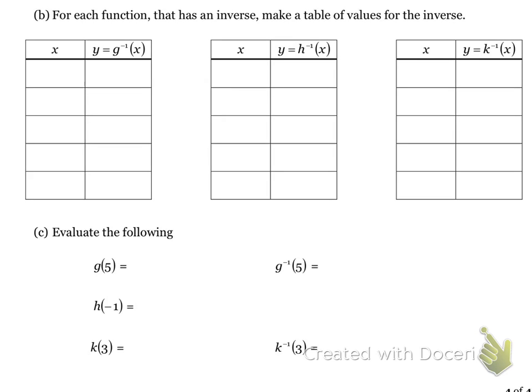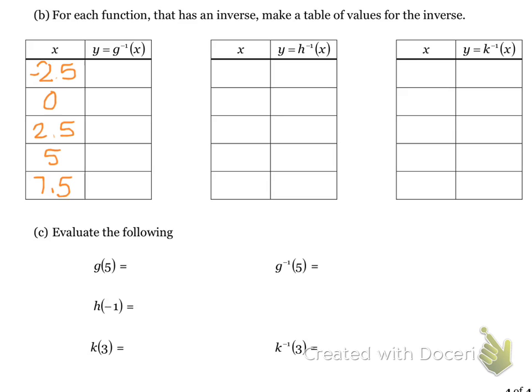So looking above at g, I want to do the inverse of g. So I'm going to have my output values now become input values. So I'm going to have input values of -2.5, 0, 2.5, 5, and 7.5.